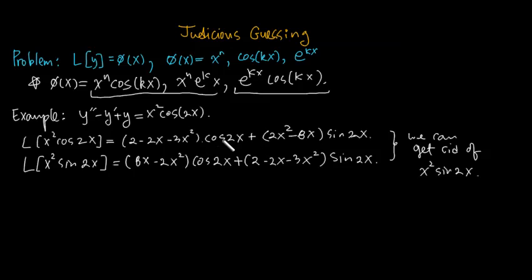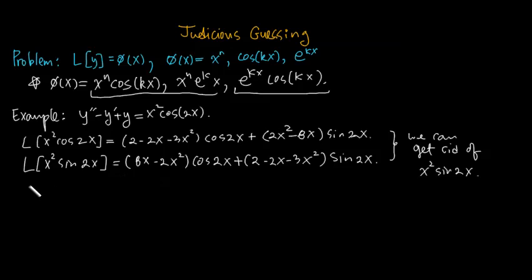Using this, we can get rid of the x squared part, but we still need to get rid of the x part and the constant part. What are we going to try? We need more identities like that so we can cancel more terms. Definitely we have to play with x times cosine 2x and x times sine 2x, and from that you can see we will have those terms back and we can play with them.